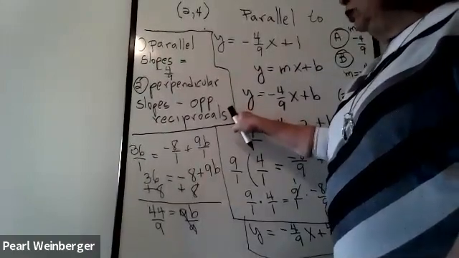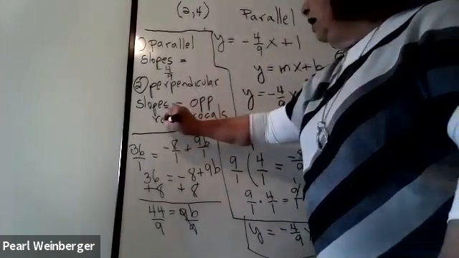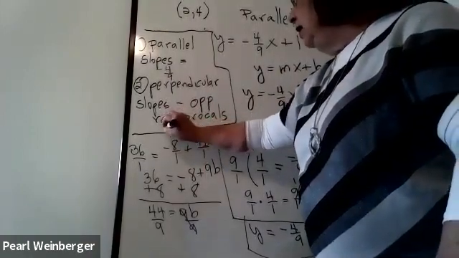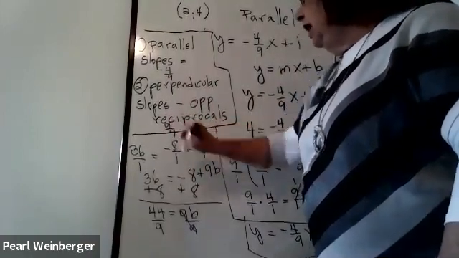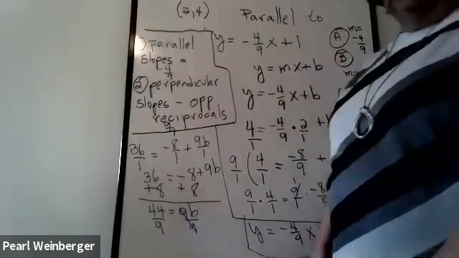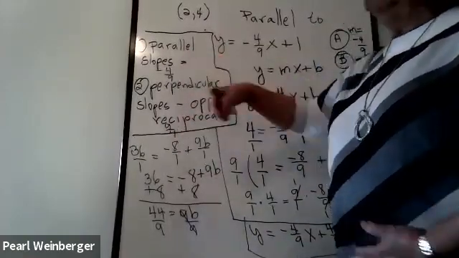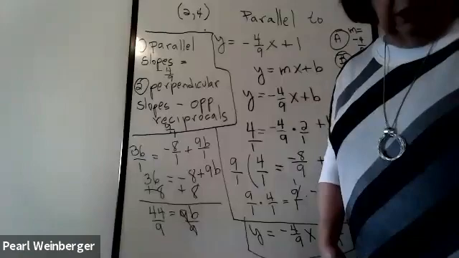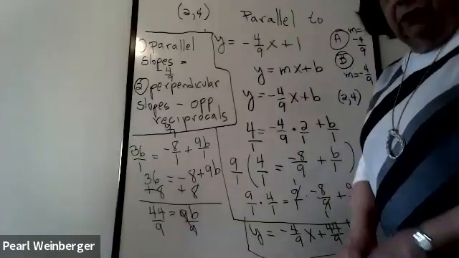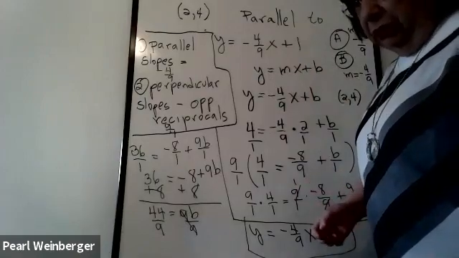Whereas if the lines were perpendicular, then the new line would have to have a slope of 9 over 4. You would have to flip it and change its sign. If it's originally negative, it becomes positive. If it's originally positive, it becomes negative. So that's the only difference between when lines are parallel and when they're perpendicular.